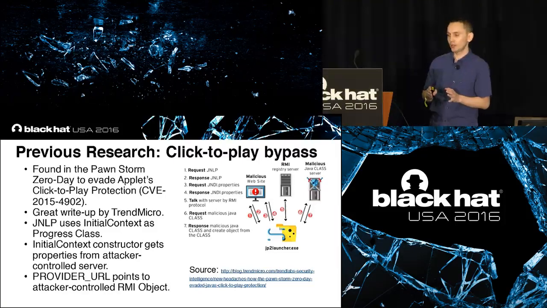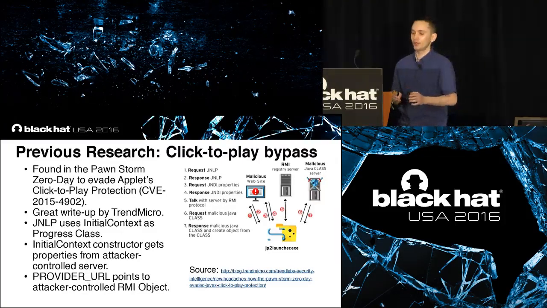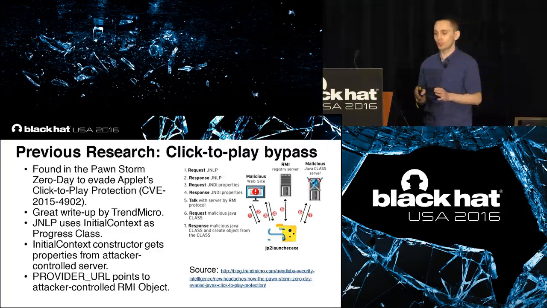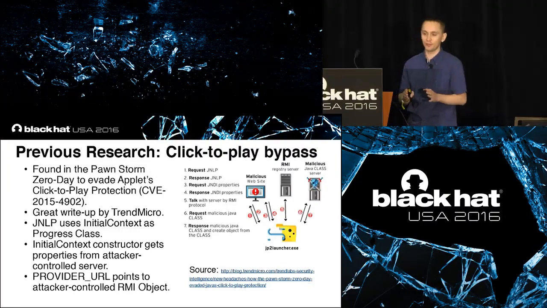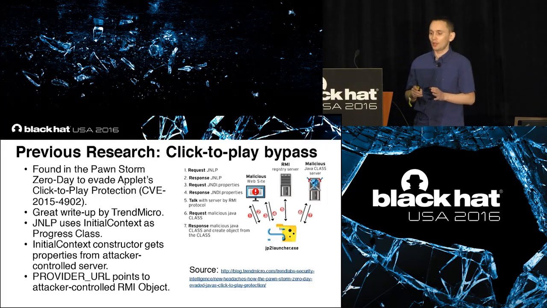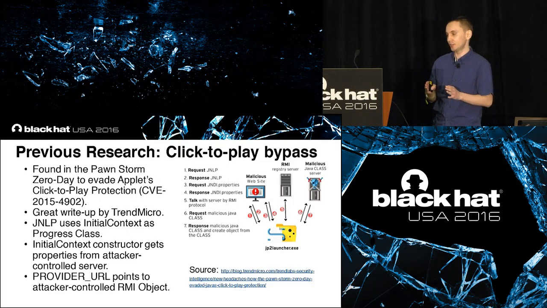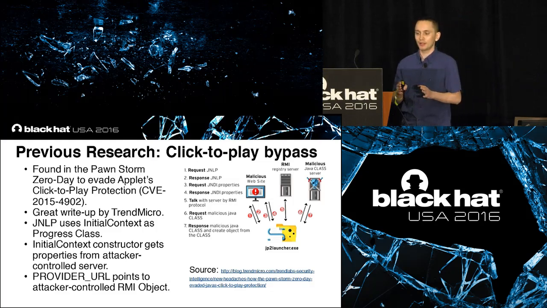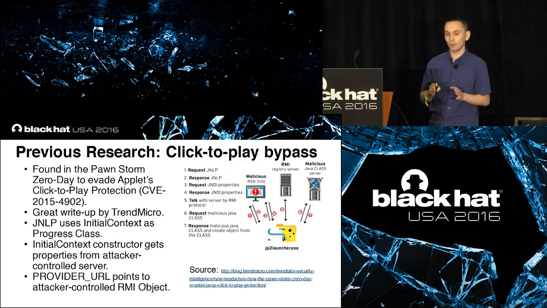And when a victim opens this HTML page, a new instance of the initial context will be created with properties from our web server. And at the end of its initialization, the victim will look up an object from our RMI server.